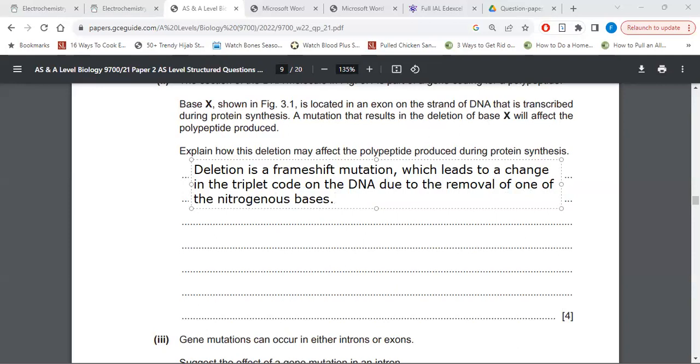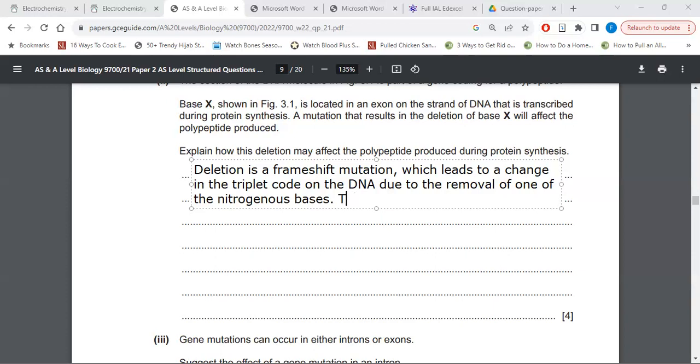So first we're going to explain what it is. Then we will talk about why this is bad. Why is the change in the sequence of the triplet code bad? The reason it is bad is because now we will explain about triplet codes.